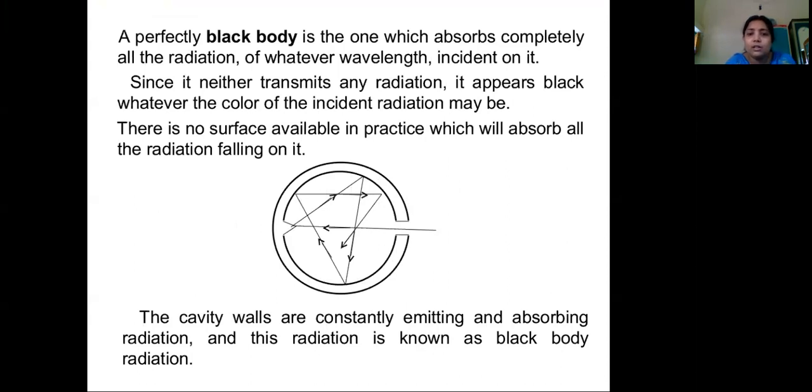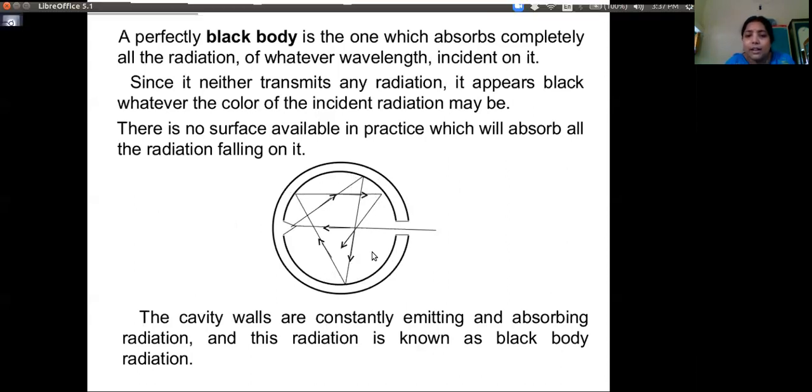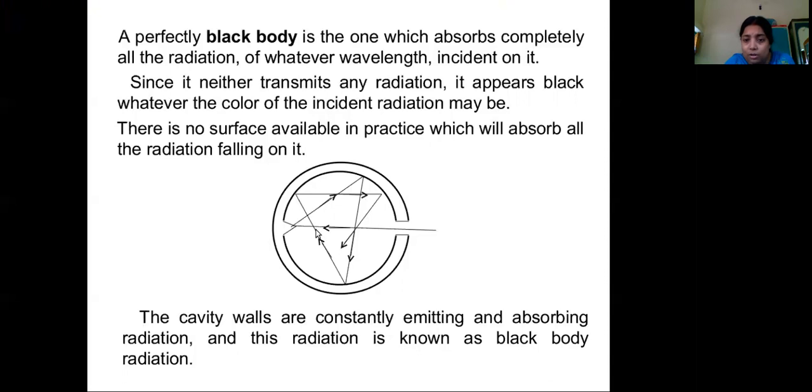So the inner walls are coated with lamp black, and this is a hollow spherical shape, and there is a small opening here. It is known as the orifice through which the radiation enters. Now, the wall just opposite to the orifice is not plane. It is rather conic in shape.